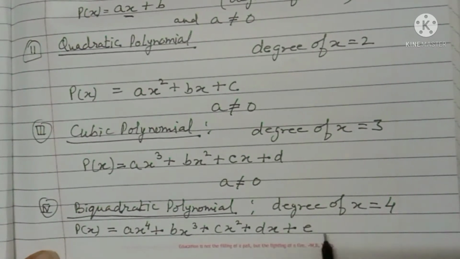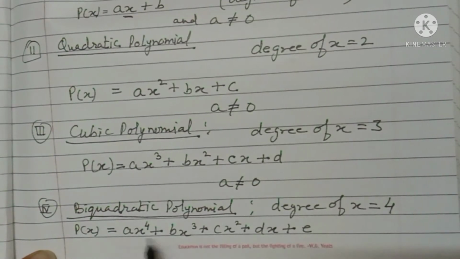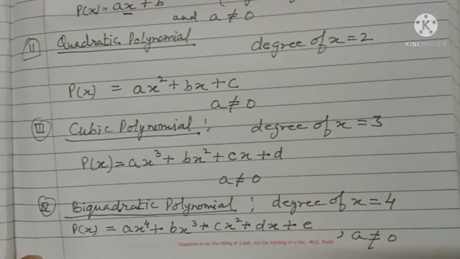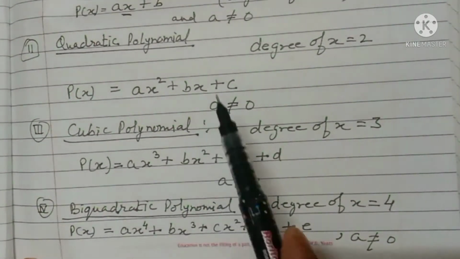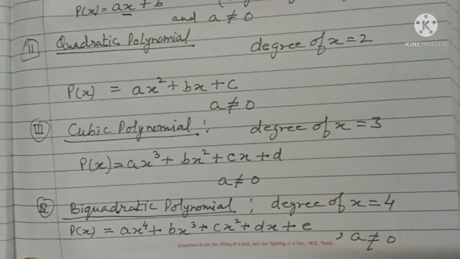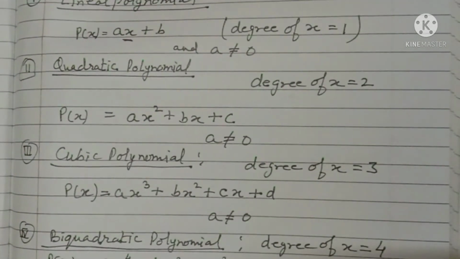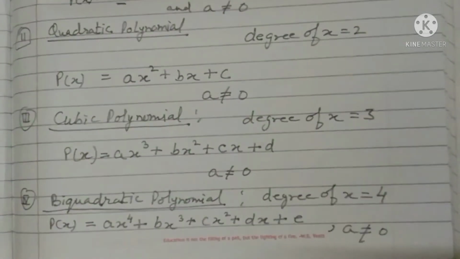And same here, a is not equal to 0. So here we have studied the 4 types of polynomial: linear, quadratic, cubic and biquadratic polynomial.